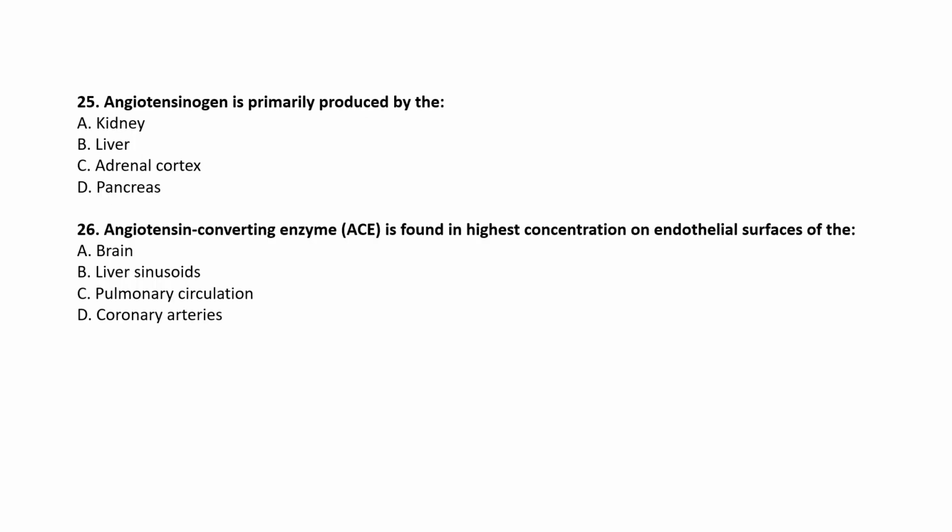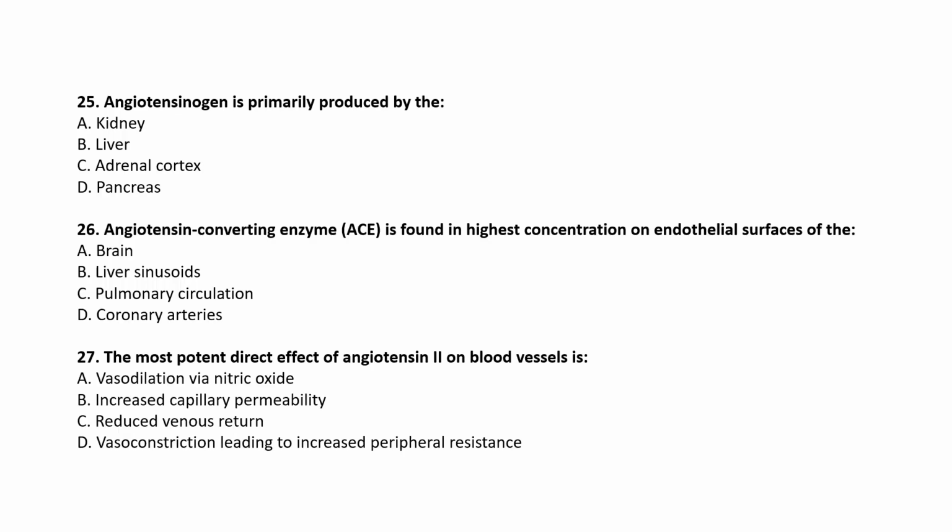Okay, all right. Now, what is the most potent direct effect of angiotensin 2 on blood vessels? After this, I'll just recap once about how we got to angiotensin 2 and then we'll continue on.